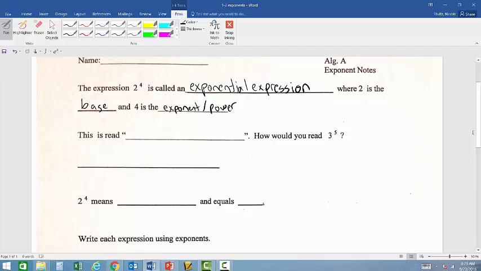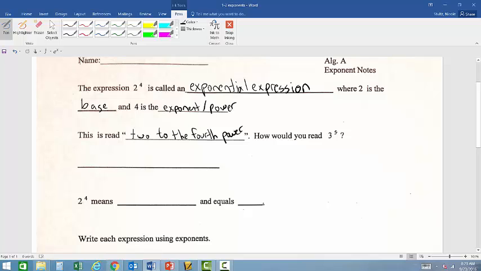So when I read that, it reads as 2 to the 4th power. Sometimes you'll hear me say 2 to the 4th, or I'll say 2 to the 4th power, but they mean the same thing.